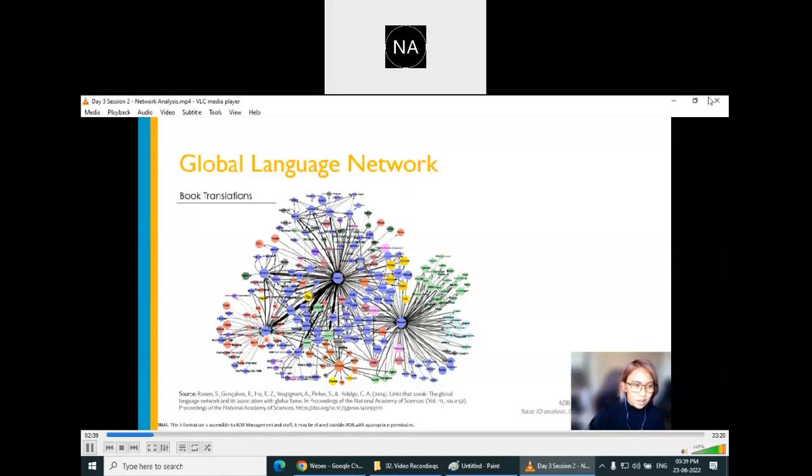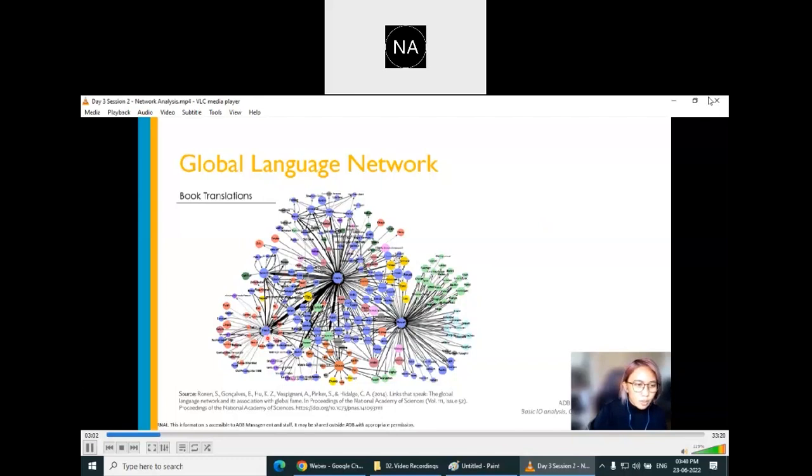So each circle here represents a language, and the way that they are positioned, those that are in the center are mostly the ones that are connected to another language. So a connection here represents a translation from one language into the other.